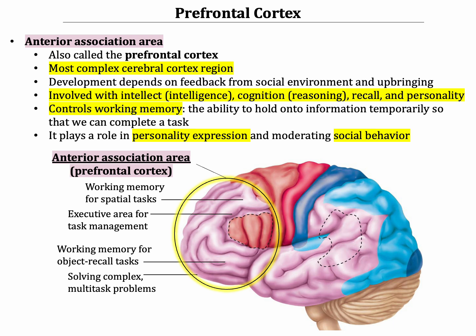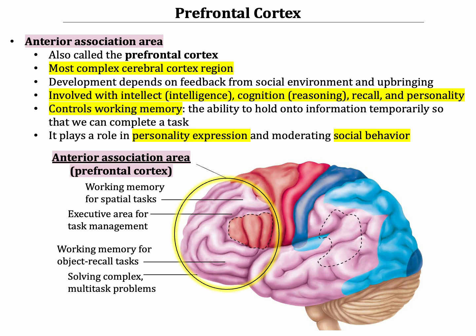One specific area is the prefrontal cortex or the anterior association area. This is our most complex cerebral cortex area. This is our thinking brain. This is what makes us who we are. It depends on feedback from our social environment, from our upbringing. Again, the prefrontal cortex is really what determines who we are as individuals.